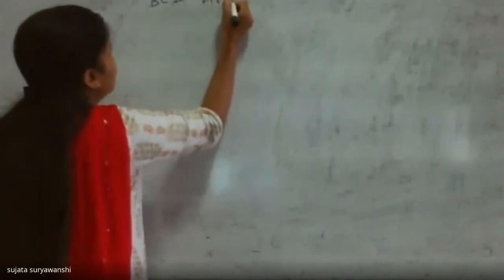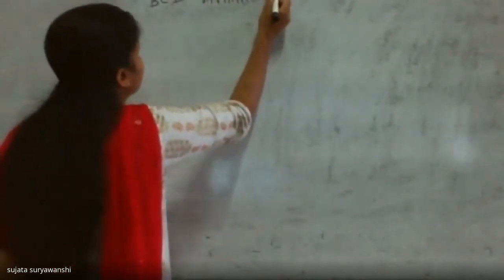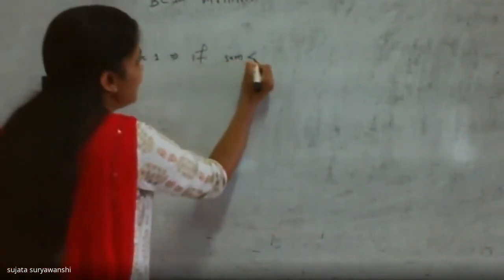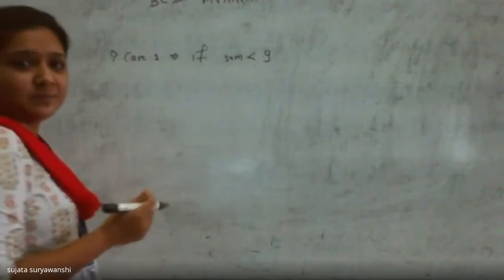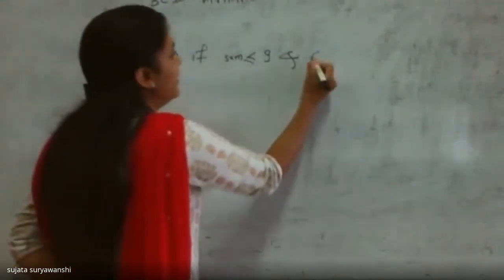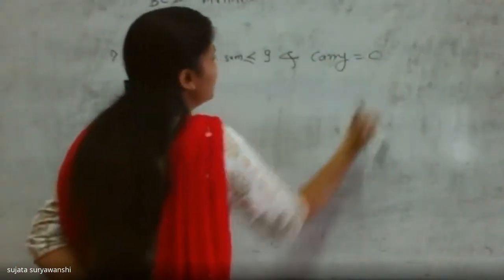Then the next concept is BCD arithmetic. We'll see how to add or subtract BCD numbers. There are three different cases. Case 1: the sum is less than or equal to 9 and carry is equal to 0.